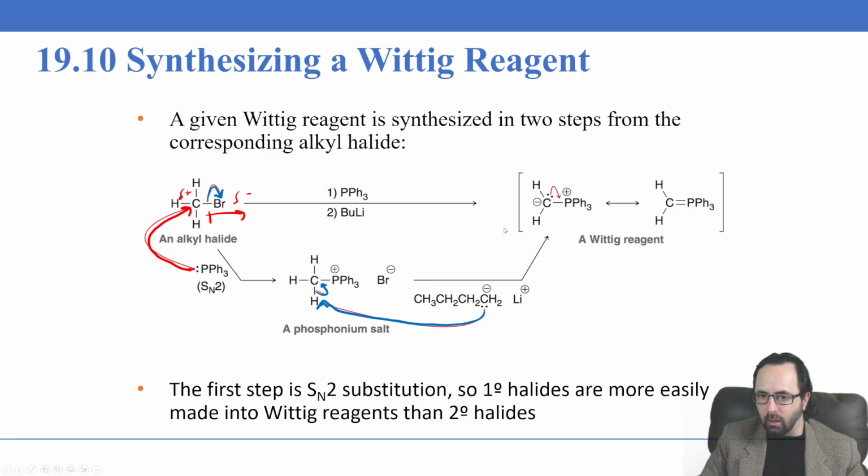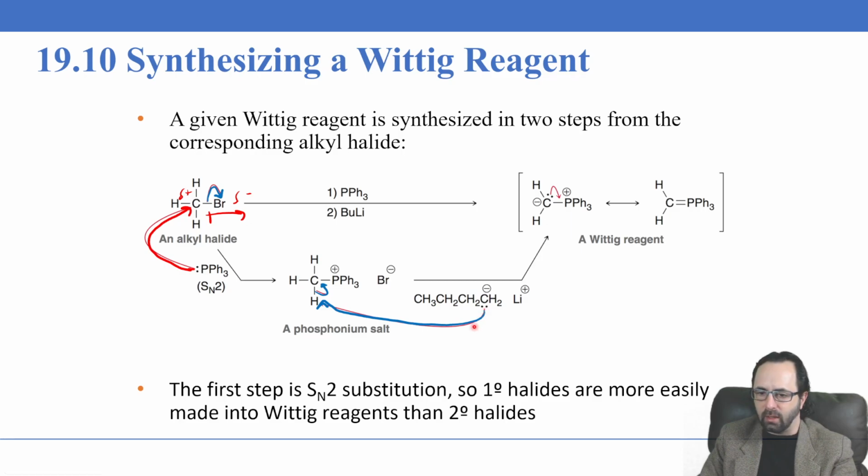And so we've got this pathway here, which is the treatment of the alkyl halide with the triphenylphosphine, which performs an SN2 reaction and produces this salt with the bromide ion leaving, ultimately producing this positively formal charged phosphorus because it has 4 bonds and no lone pairs. So this is like a nitrogen atom with four bonds and no lone pairs. It has a positive formal charge to it. This carbon here has no formal charge because it has 4 bonds and no lone pairs.